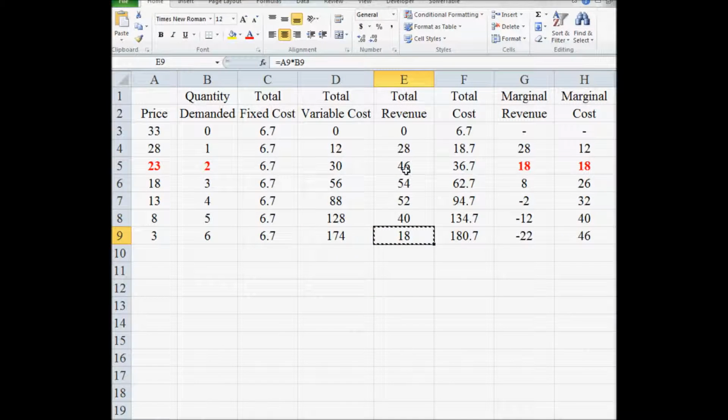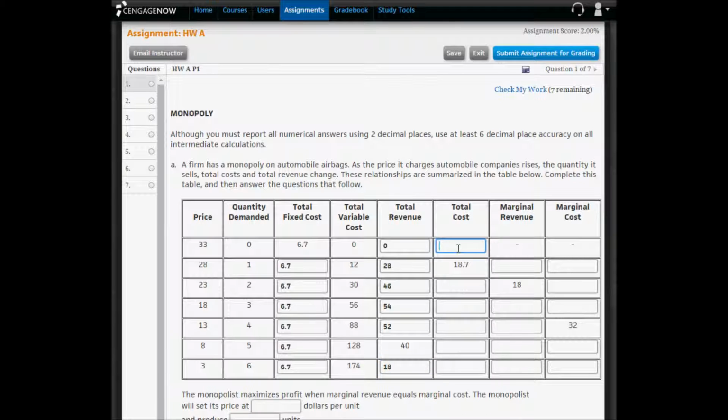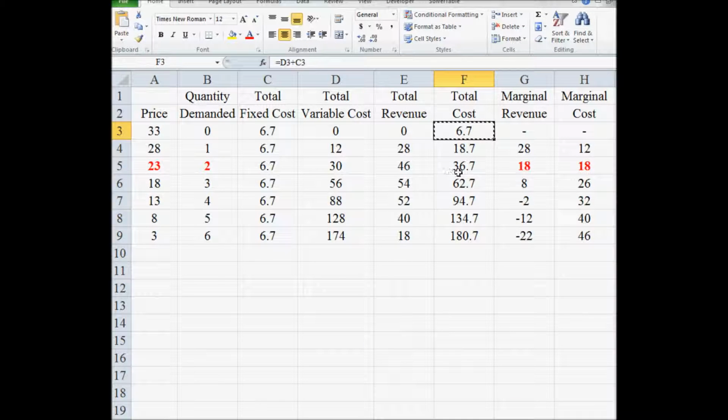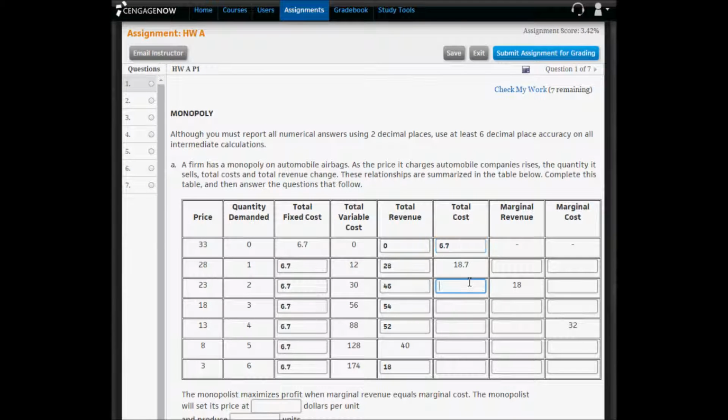Total cost is a sum of total fixed cost and total variable cost. I don't copy the 18.7 because it's already in Cengage Now.